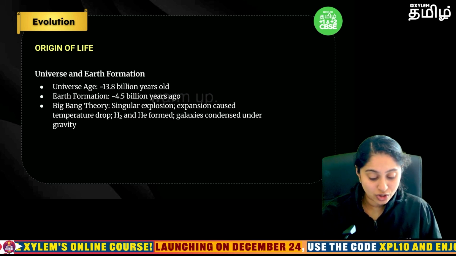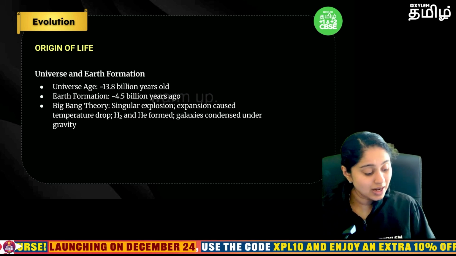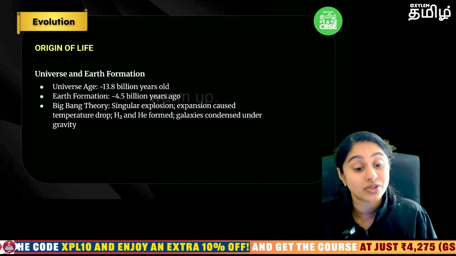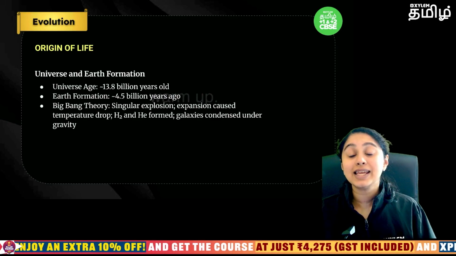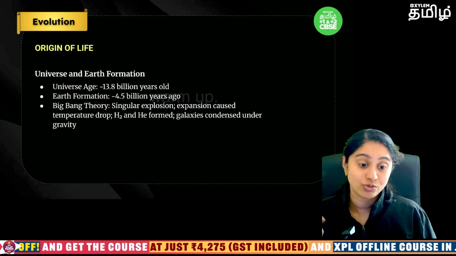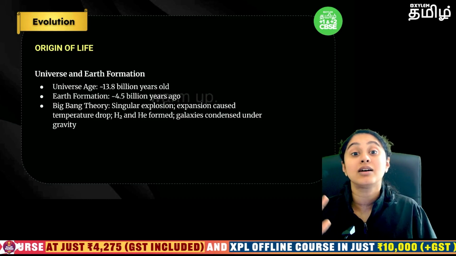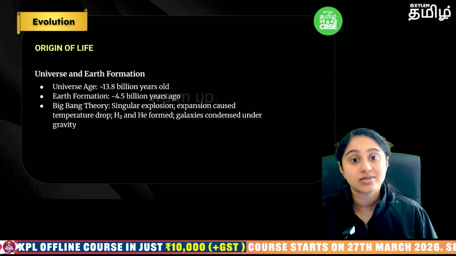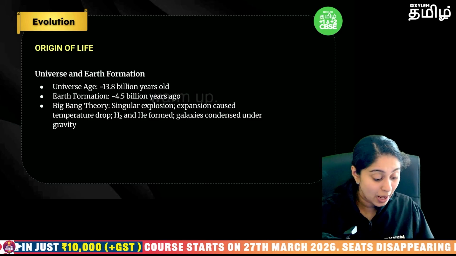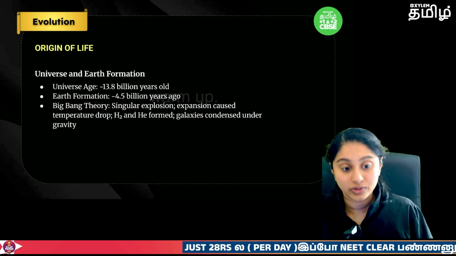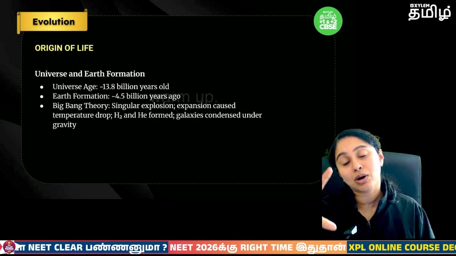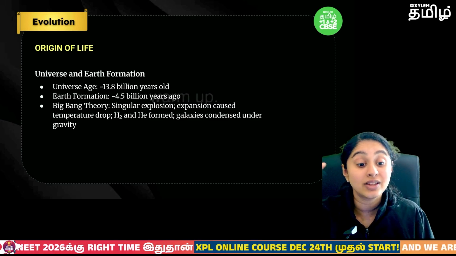Now, origin of life. First thing you have to understand is there are different theories about the origin of life. Even before that, you have to understand that the universe is approximately 14 billion years old, and the earth is about 4.5 billion years old.